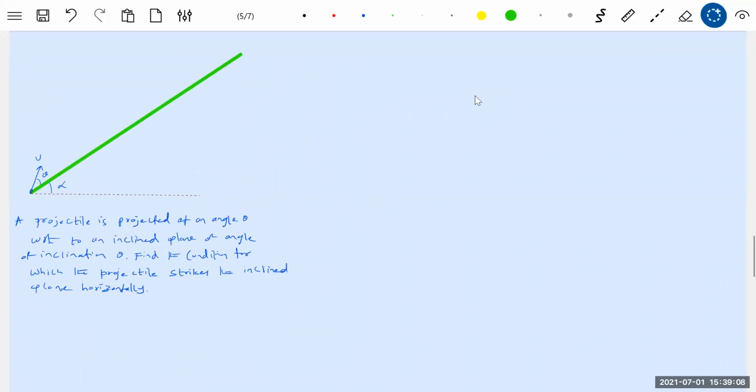Read the question carefully. A projectile is projected at an angle theta with respect to an inclined plane of angle of inclination alpha. Find the condition for which the projectile strikes the inclined plane horizontally. In the previous class we discussed striking normally. Here I brought it horizontally. Horizontal means its trajectory will be parallel to the ground. So how is the trajectory going to be?